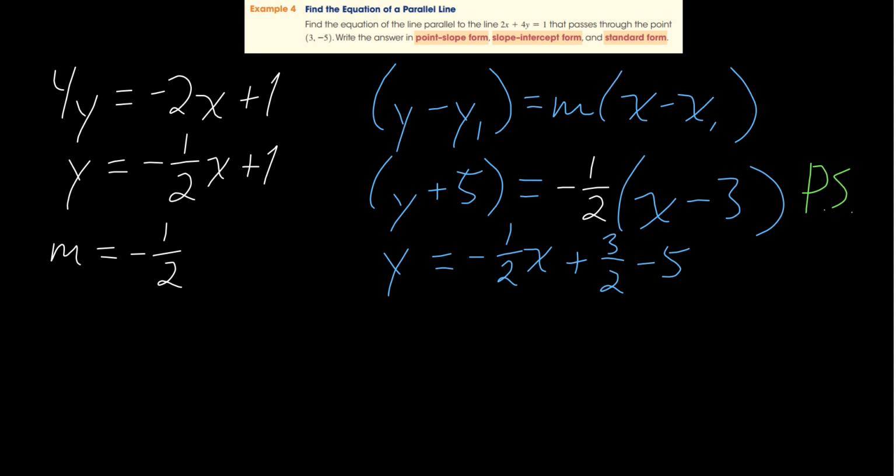If I subtract 5 from both sides, I'm looking at 3/2 minus 5. They're both constants, so I need to subtract 5 from 3/2. I need a common denominator, and that common denominator would be 2. So I can rewrite 5 with a denominator of 2 as 10/2.